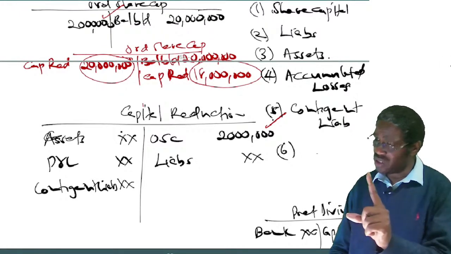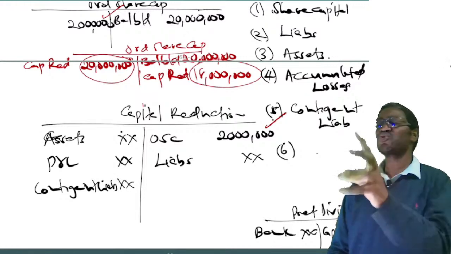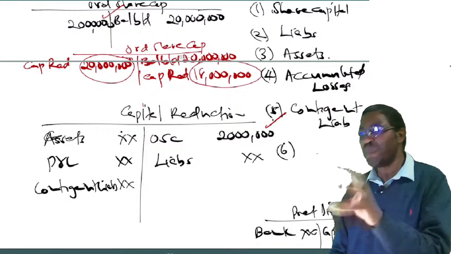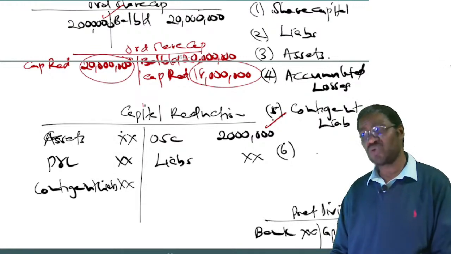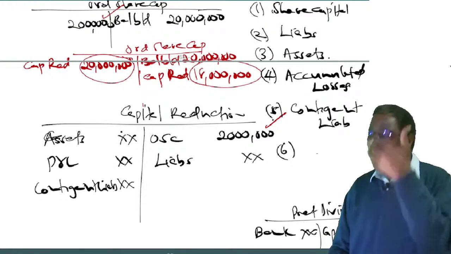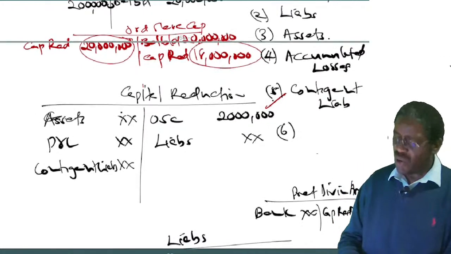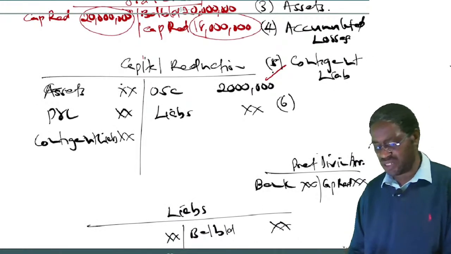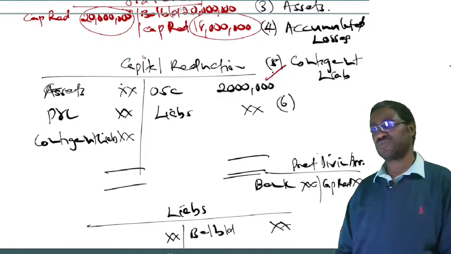In other words, we normally use this account called capital reduction just to help you implement the scheme of internal reconstruction. But I'm saying, once you have implemented the scheme, normally these accounts should be self-balancing.